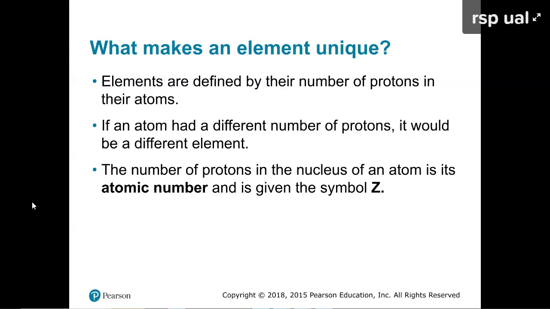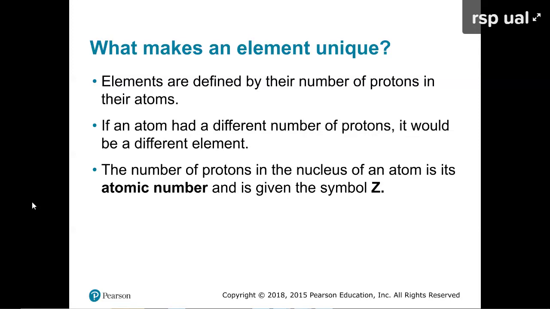And in particular, it comes down to the protons in that nucleus. The defining characteristic of an atom is its protons. The number of protons in an atom's nucleus dictates what that element is. And so we have a particular name for that piece of information that tells us the number of protons. We call it the atomic number.